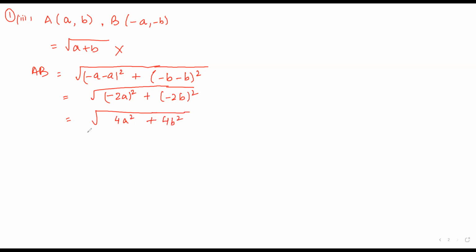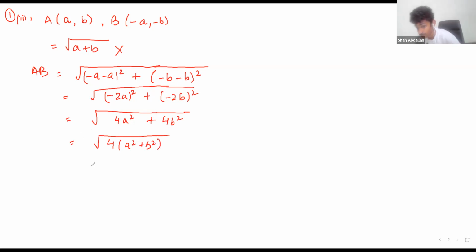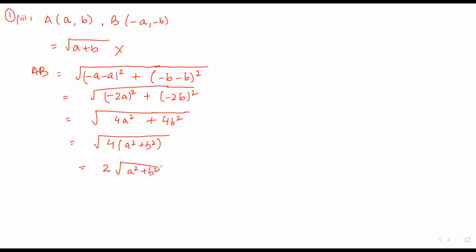So where was your mistake? You can take 4 common, a square plus b square, right? Now this can be written as under root of 4 means 2. So 2 will come out of the square root and a square plus b square. So that's the answer.